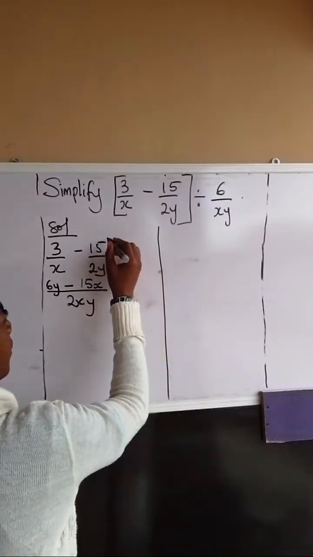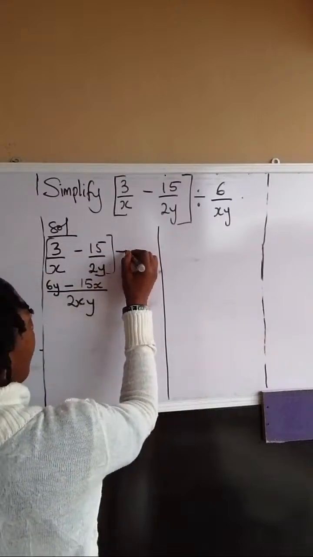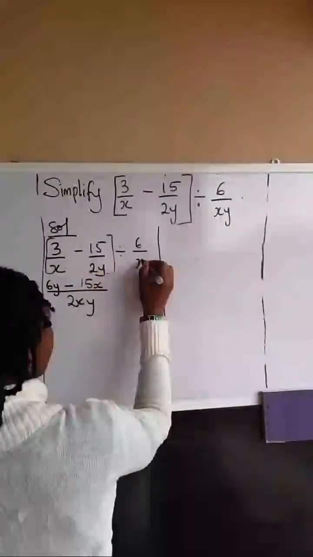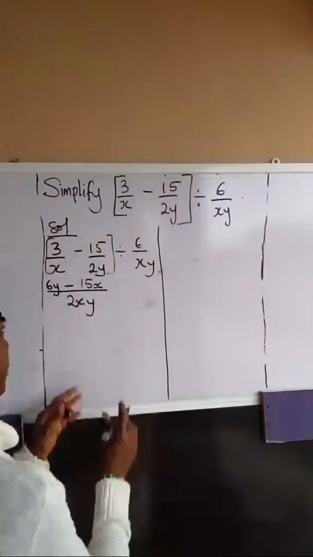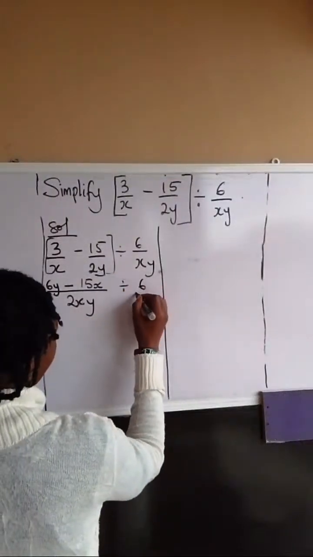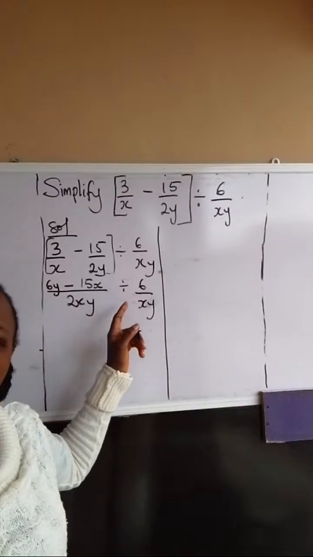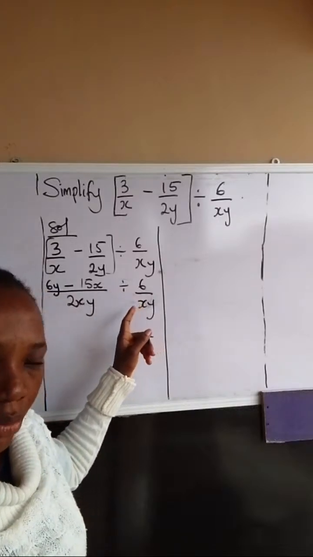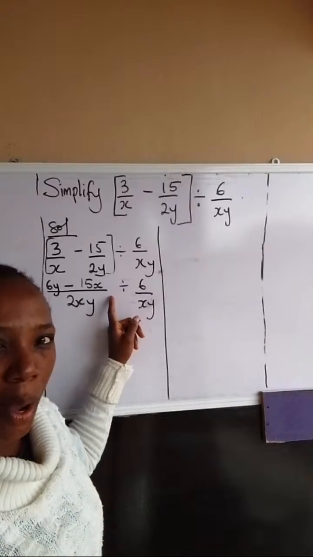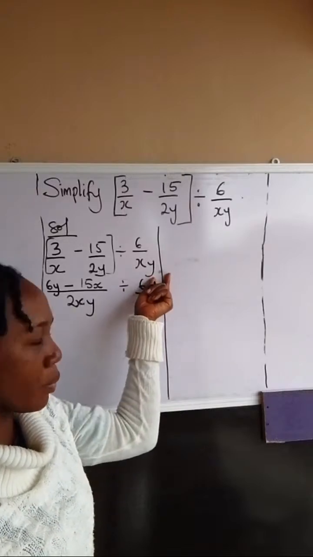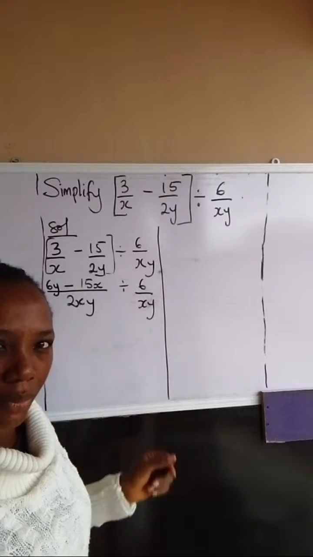And remember our 6 over xy outside here. What we do next is to change this sign to multiplication. Once it's changed, the xy goes up and the 6 comes down.